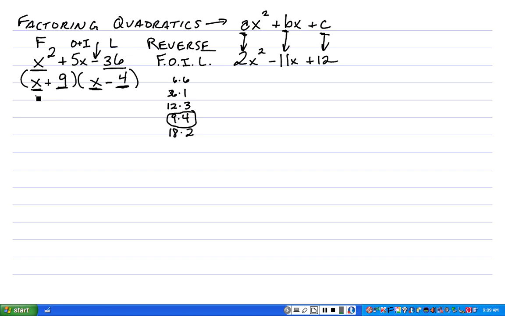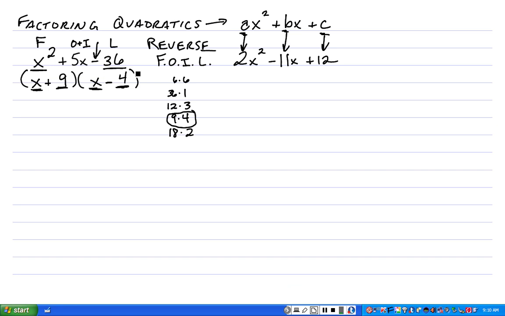Then we say outside we get a negative 4x, and we say inside we get a positive 9x, and when we combine 9 and a negative 4, or in other words 9 minus 4, we get our positive 5x. Alright, so everything checks out. Because we've checked everything, we know we're on target.